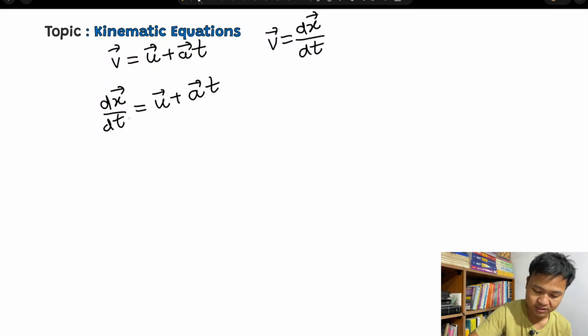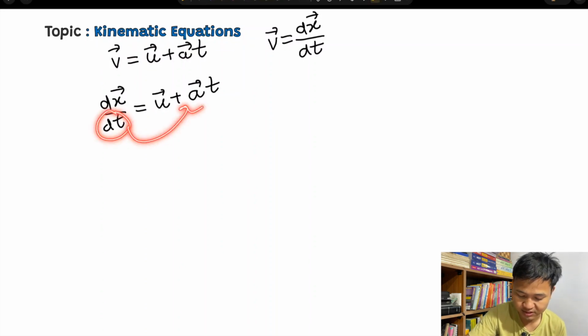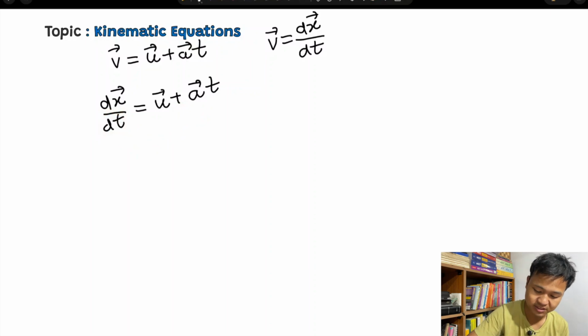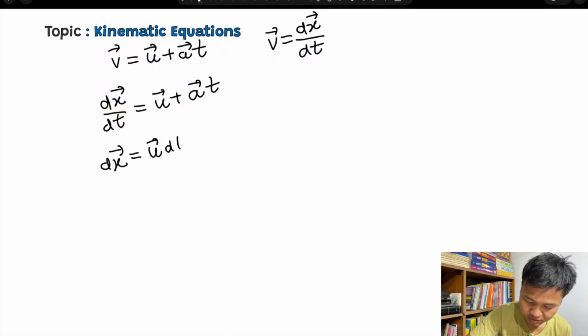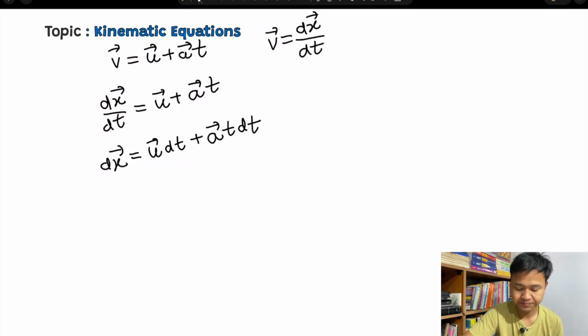Now transfer this dt to the right side again. So dx = u dt + a t dt.